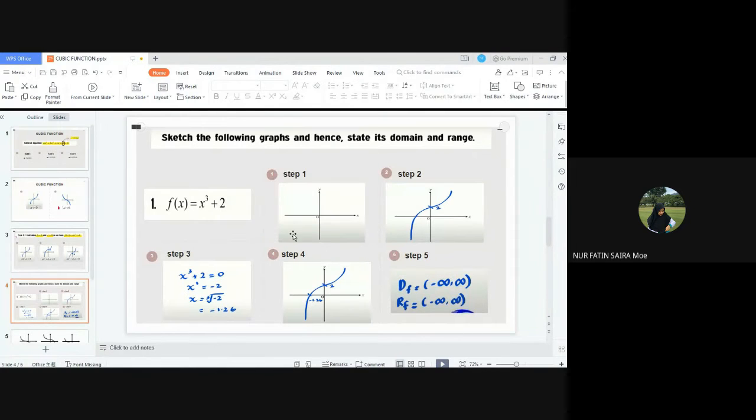The third step is to find the value of x, so we get negative 1.26, and we need to label it. Then in step 5, we find the domain, which is negative infinity to positive infinity, and the range is also the same, negative infinity to positive infinity. That's all from me.